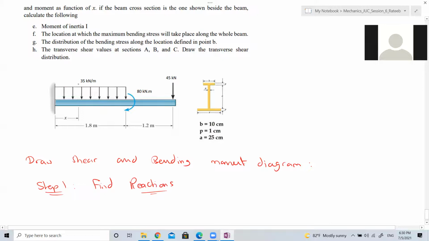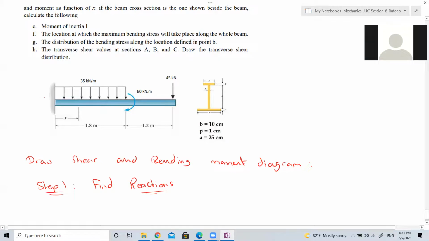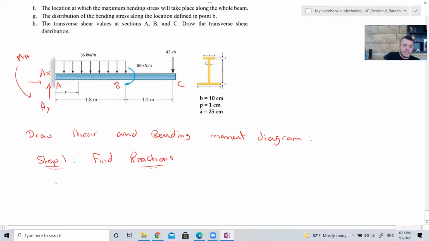How many reactions do I have in this system? This is A, this is B, this is C. How many reactions do I have? We have 3 reactions at A: we have AY, we have AX, and we have the moment at A. So let's find the reactions by applying the equations of equilibrium.